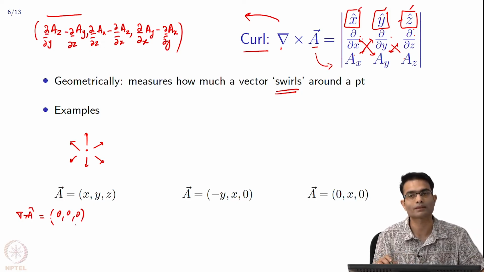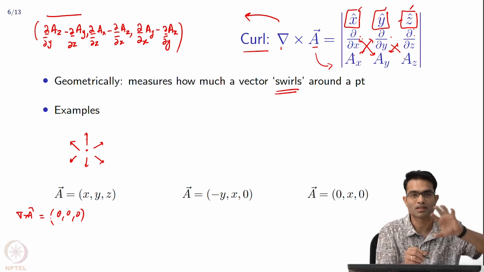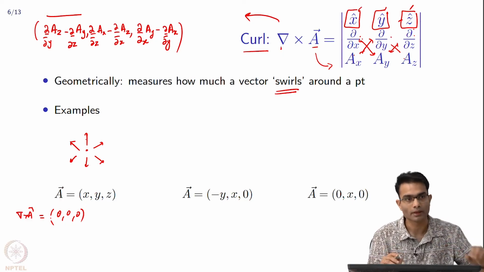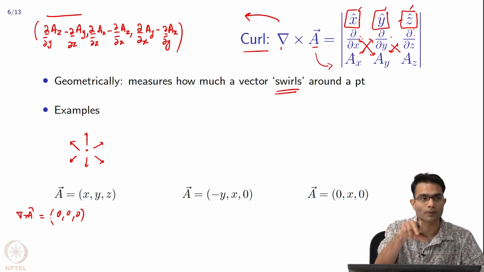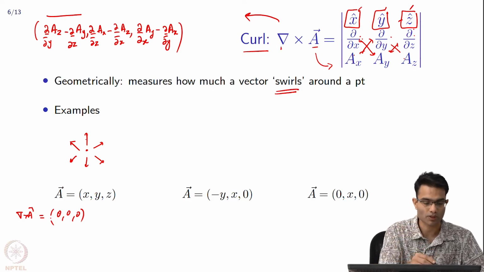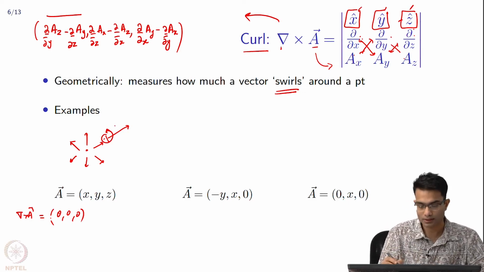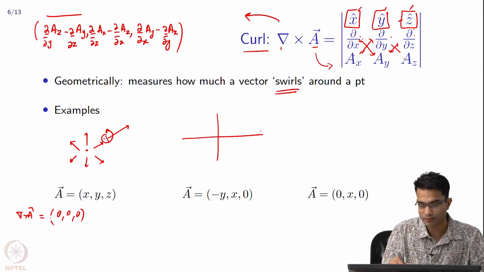It is the zero vector, and that makes sense because this vector field is not swirling or rotating; it is just diverging out. Another way of visualizing it: if I put a small paddle here, it will just get pushed outwards; it will not rotate about its own axis. Now, here is another example, in the xy plane. Let us draw the xy plane here.